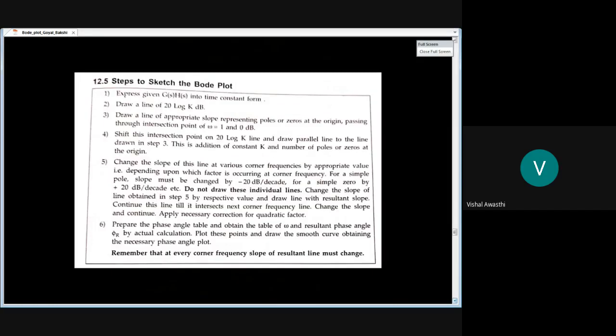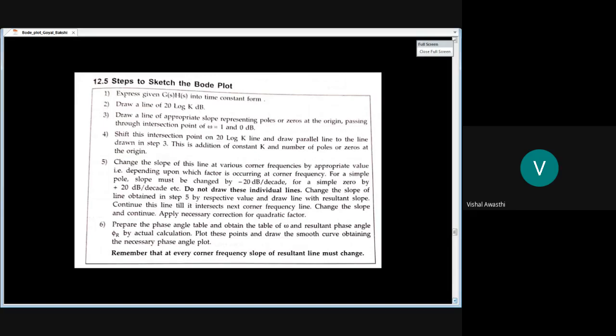So these are your basic steps to sketch the Bode plot. First of all, whatever your G(s)H(s) is given, just convert it into time constant form. It means 1 plus form. Again, if you have a constant term, draw a line of 20 log k. 20 log k is nothing but the decibel of the constant term.